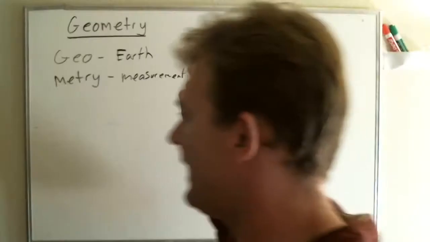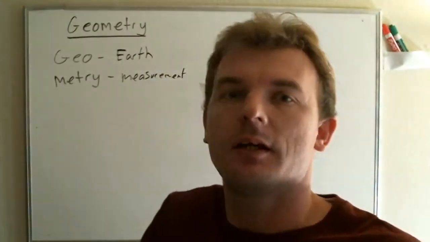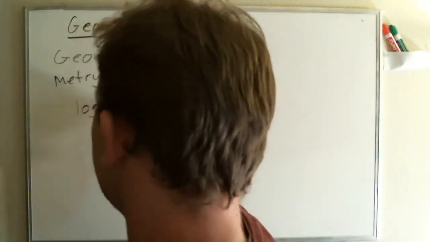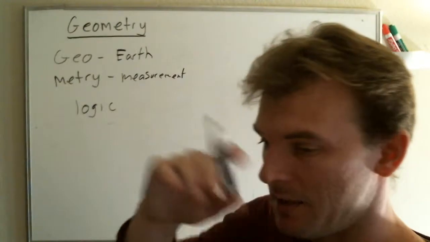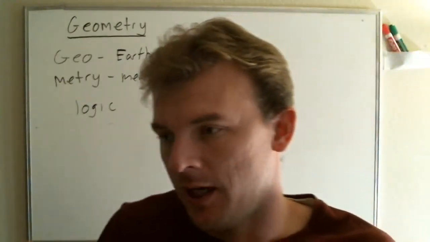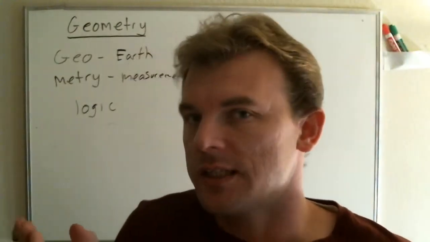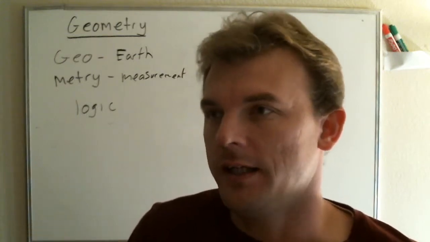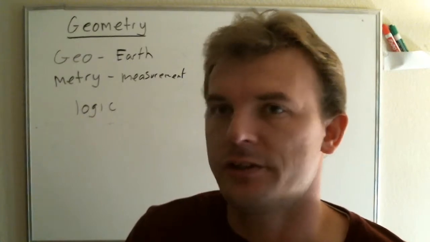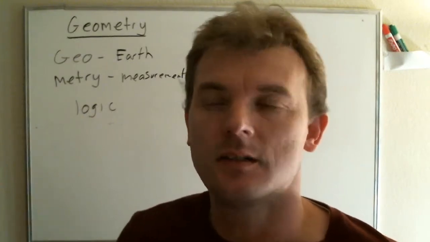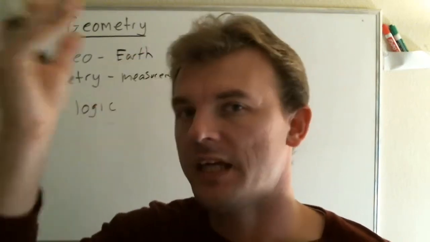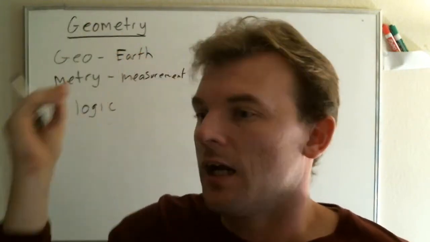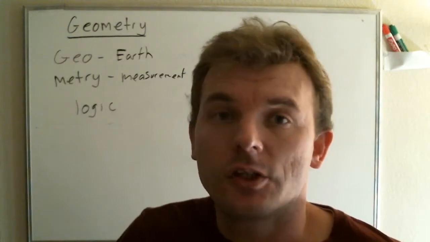So one of the biggest special things about geometry is that it hits a lot on logic. And I always tell my students that logic is something that you cannot really define. Some people can say, well, logic just means that you have valid reasons, or it's the way you're thinking of a situation or trying to come up with a solution to a problem.